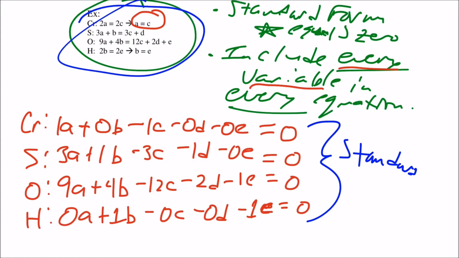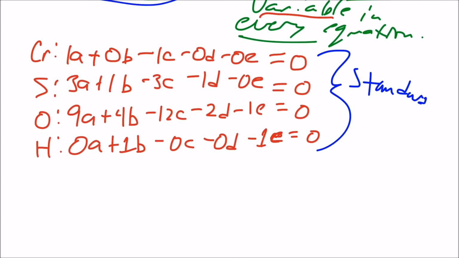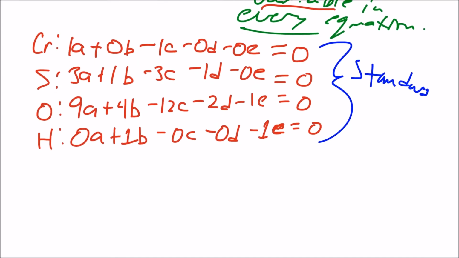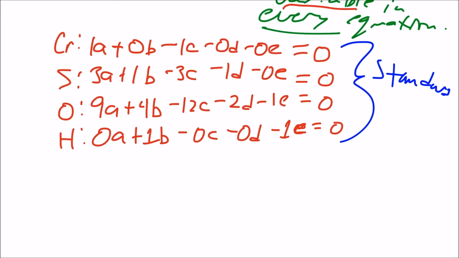Okay, in order to do a matrix, you need to know what the dimensions of your matrix are. And what that means is how many rows are there and how many columns are there. Okay, so you have 1, 2, 3, 4. You have 4 rows.